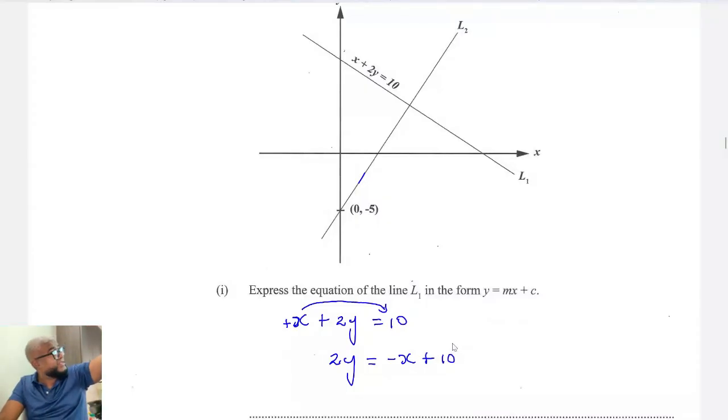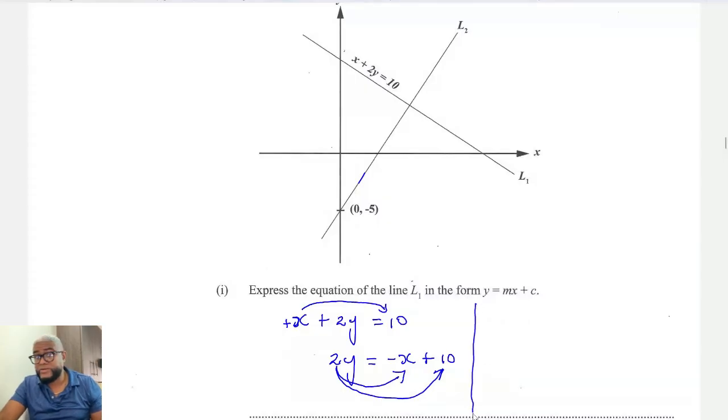Now it is y is equal to mx plus c. Do I have y alone here? This 2 needs to go to the right, and it needs to be divided into both the negative x and the 10. So y will be equal to, now what number is understood in front of this x? 1.